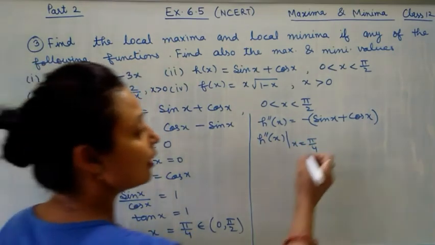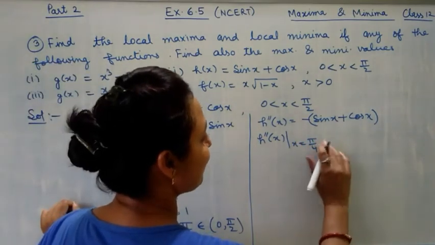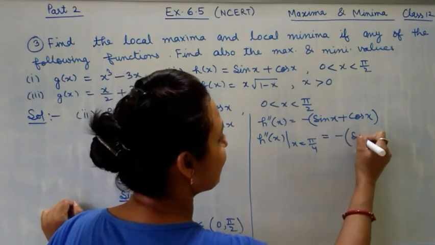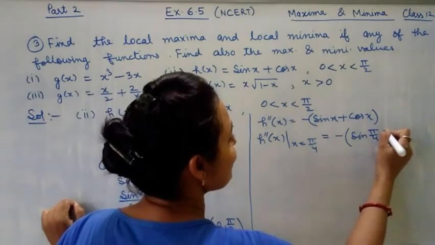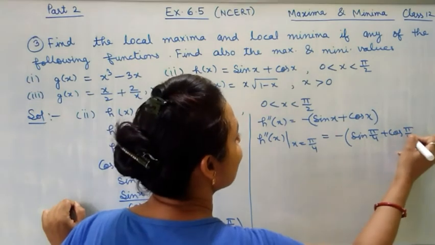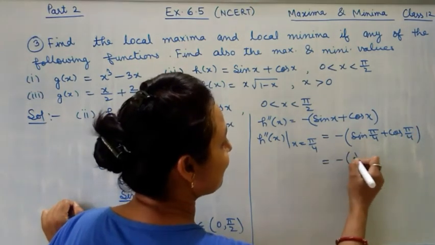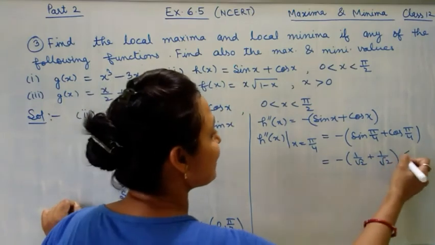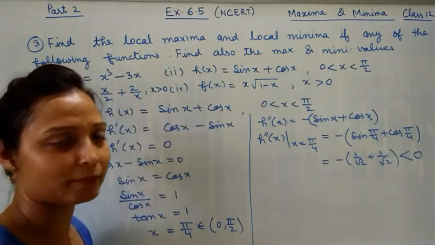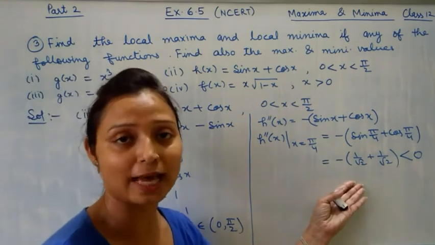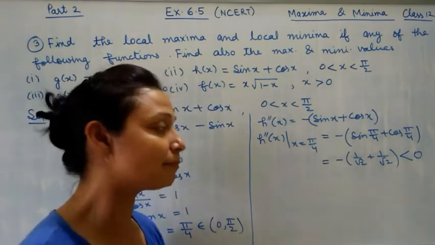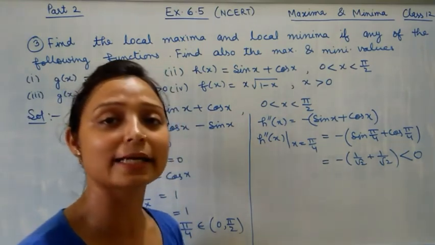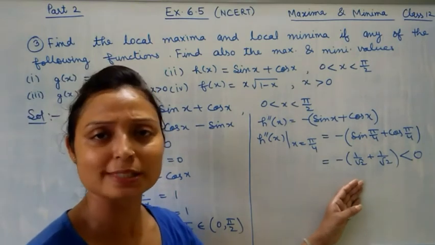When you put the value, negative sin pi by 4 plus cos pi by 4, it will give negative 1 by root 2 plus 1 by root 2. That means it is less than 0. No need to simplify. It totally shows that it is a negative value. After simplification, we will again get a negative value.